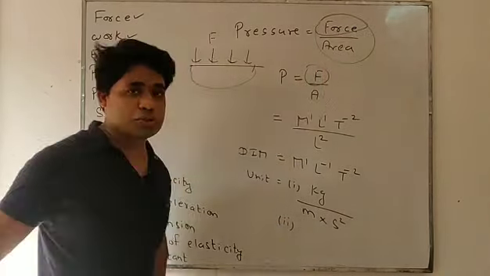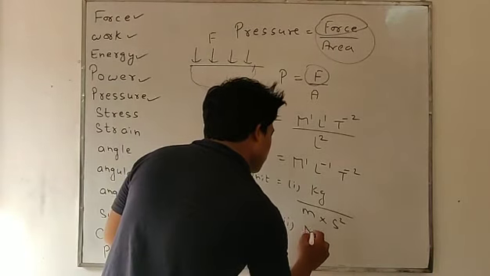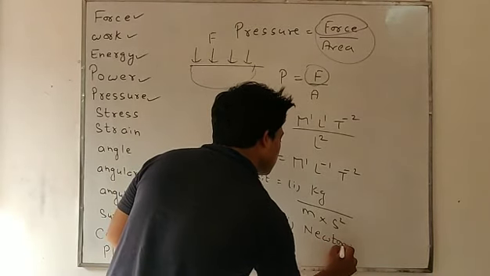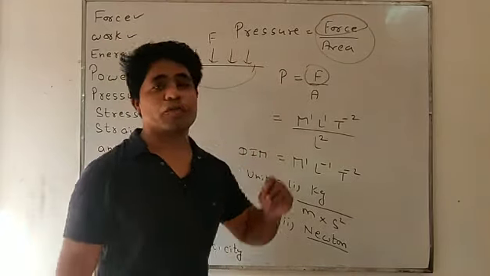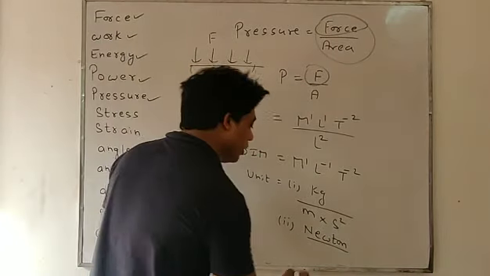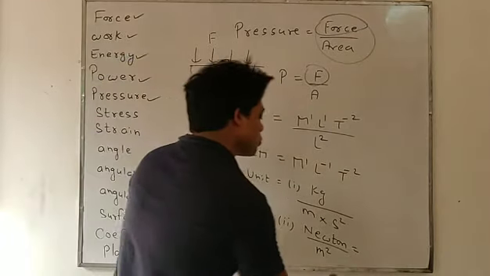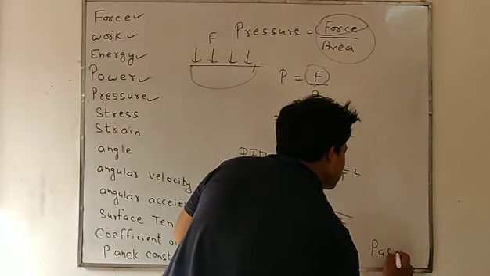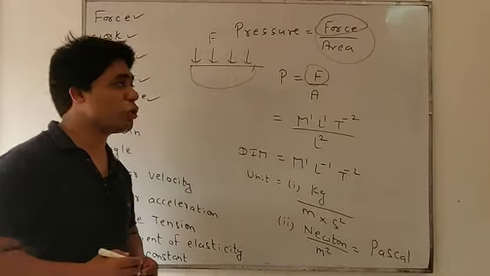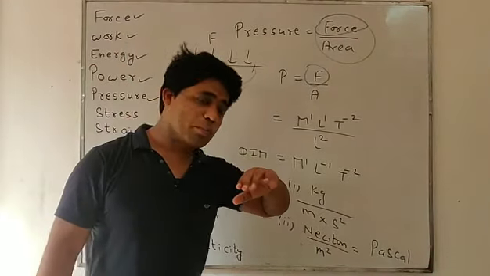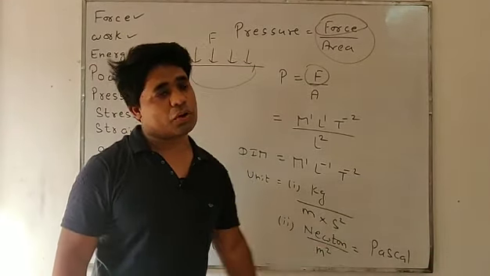What is the unit of force? We know the unit of force is Newton, and the unit of area is meter square in the MKS system, and Newton by meter square is called Pascal. Pascal is the name of a scientist. So the unit of pressure on behalf of the name of the scientist is Pascal. Okay, students.